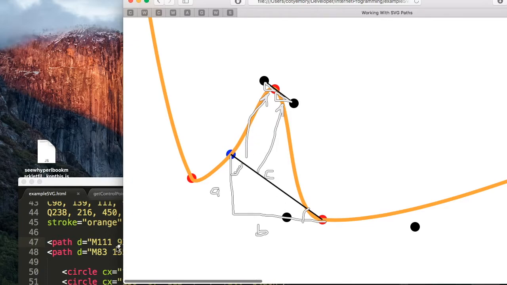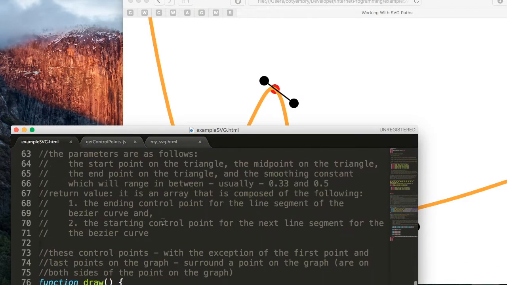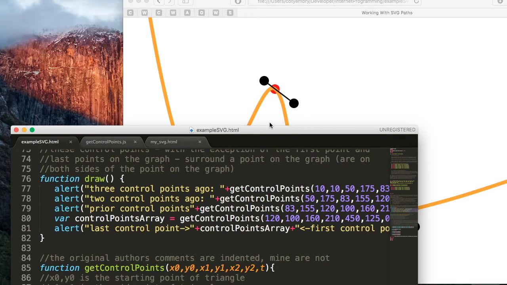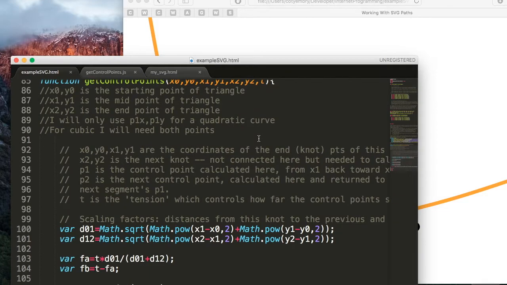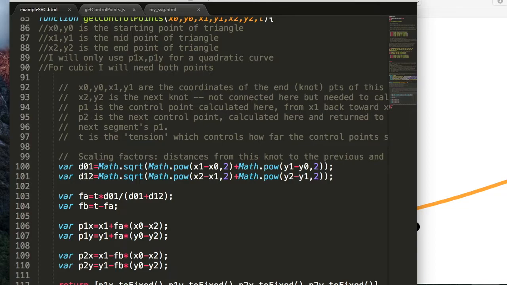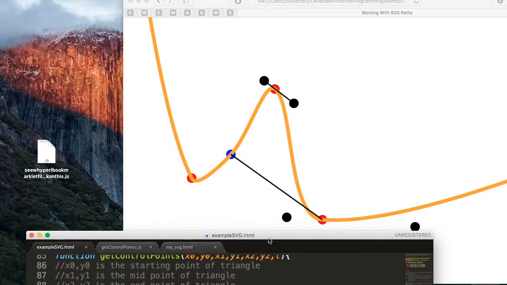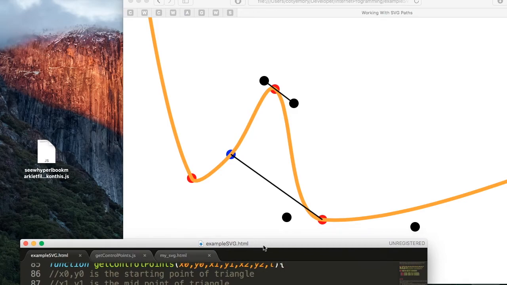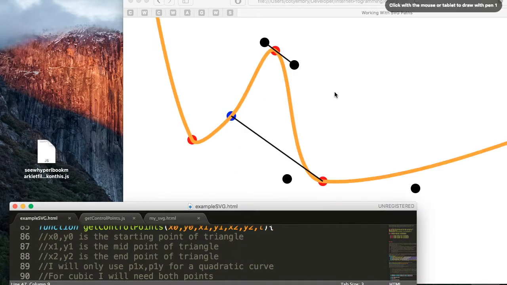You've got to do a formula type of thing, and I don't know if I want to explain it. Let's look. There's the formula. Oh goodness. Part of the formula builds off of this triangle.